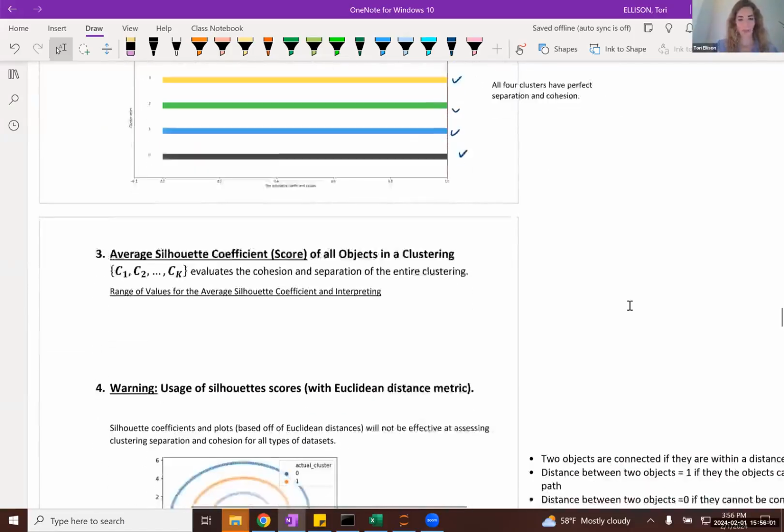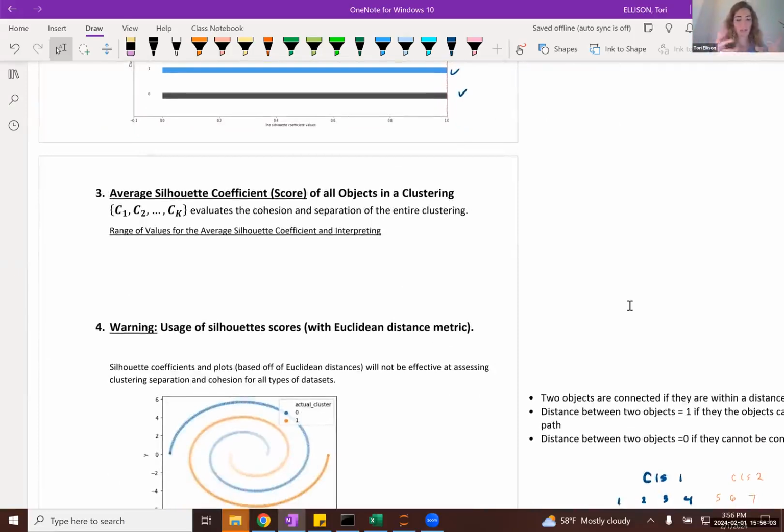However, if we're looking for just a single summary statistic to evaluate the overall cohesion and separation of an entire clustering, then all we have to do is calculate the average of each of those individual silhouette scores of each point in the data set.